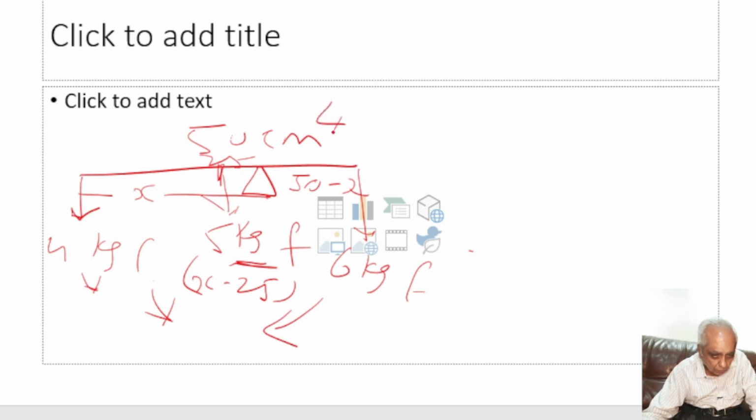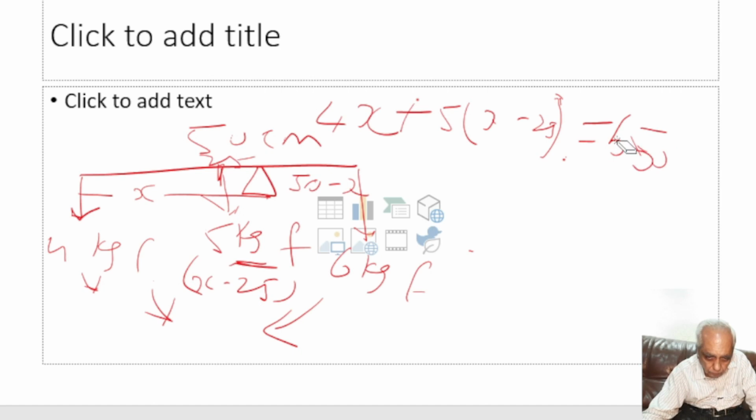So it will become 4x plus 5 into (x minus 25) equal to 6 multiplied by 50. So this will give me 300.